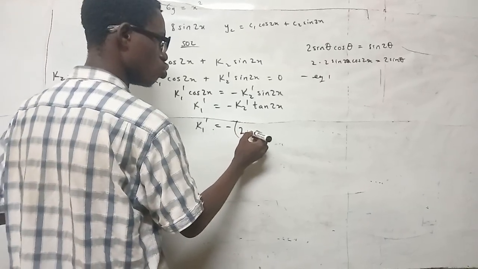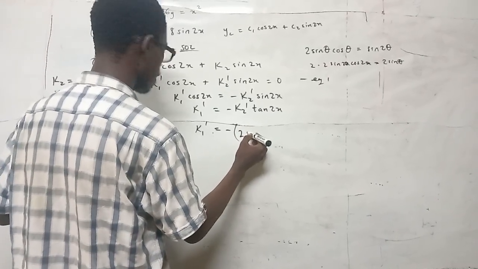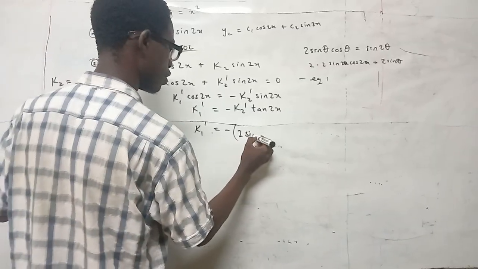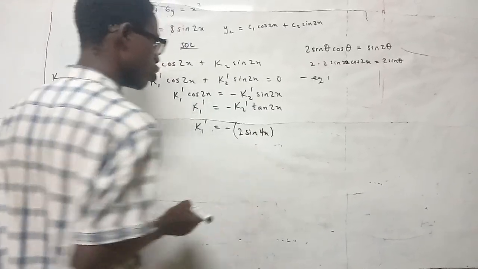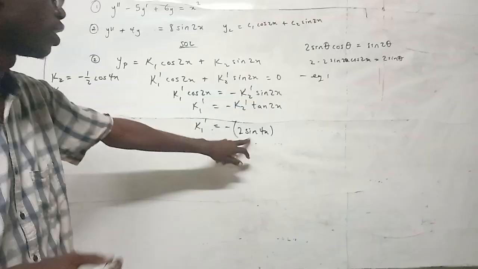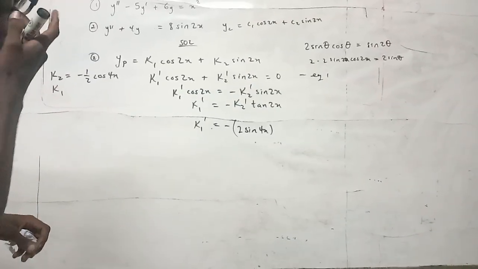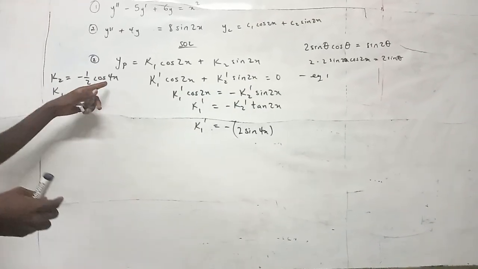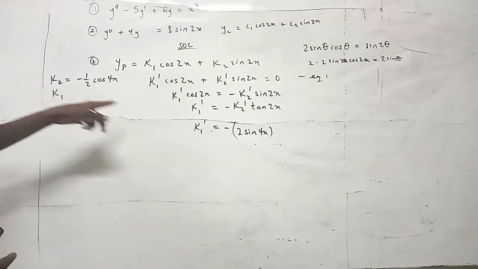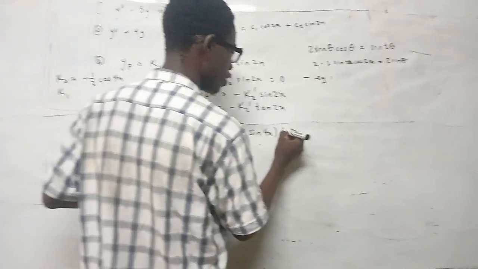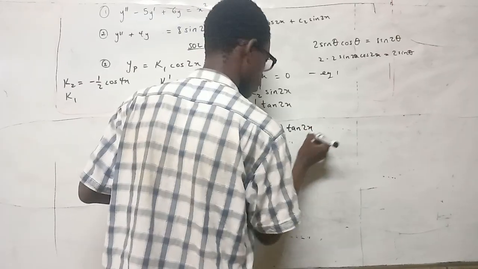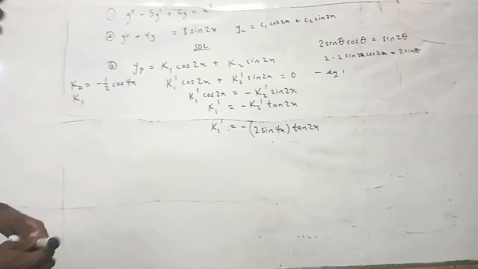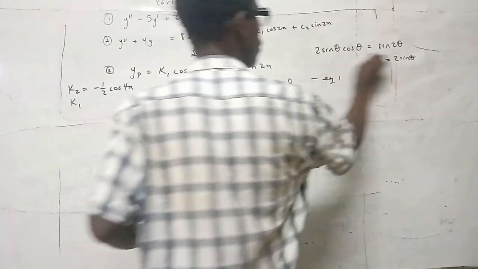K2 prime is 2 sine 4x. This is what we integrated to get minus 1 over 2 cos 4x. Let me differentiate this. 2 cancels out minus. Yes, 2 sine 4x.